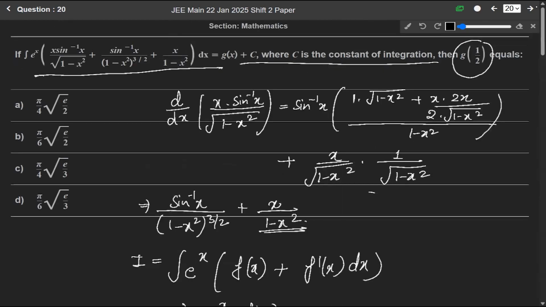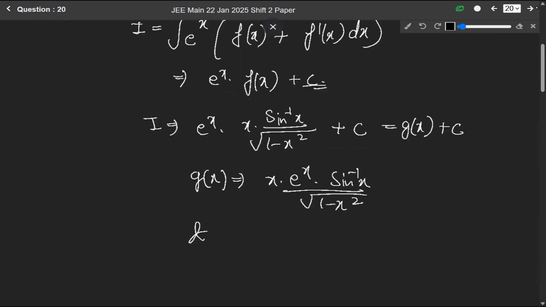And we have to find the value of g(1/2). When we put x equal to 1/2 here, we get (1/2) e^(1/2) sin⁻¹(1/2) over √(1 − (1/2)²).